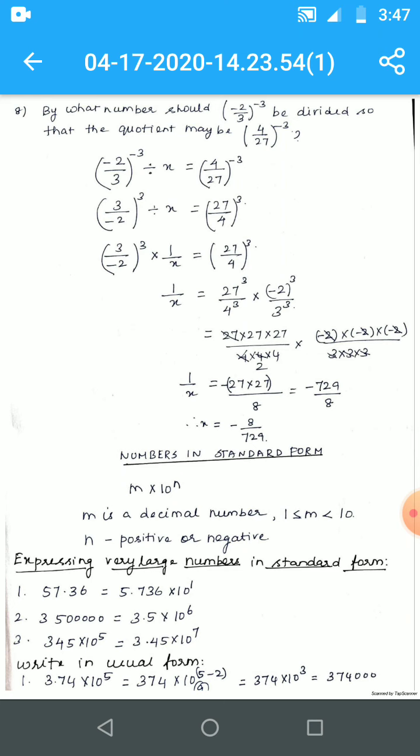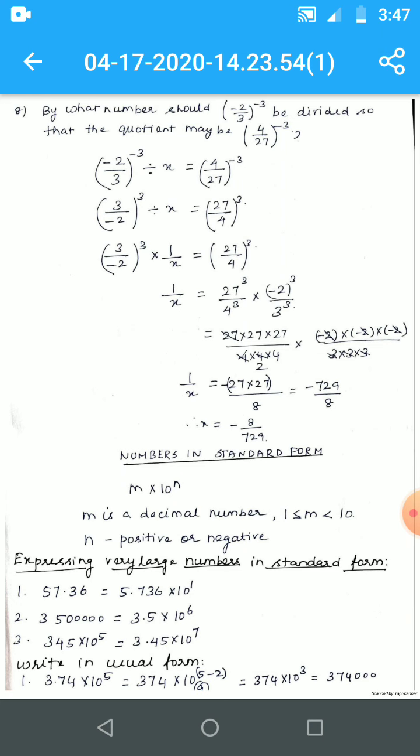It should be a decimal number, right? So in the second example there is no decimal number, but we can represent a very large number in standard form by bringing m to a decimal number, and the power can be positive or negative. If the power is positive, the decimal point is moving forward.